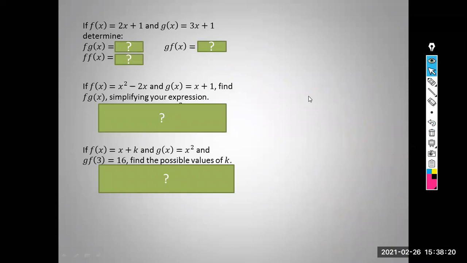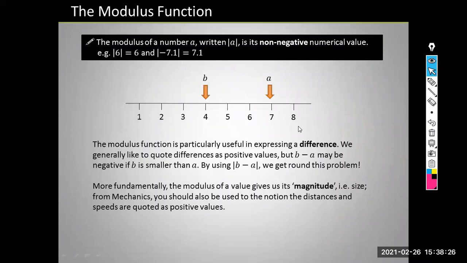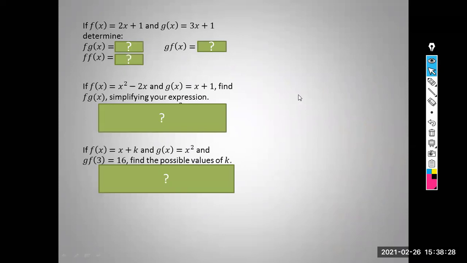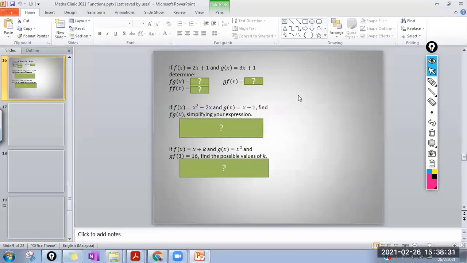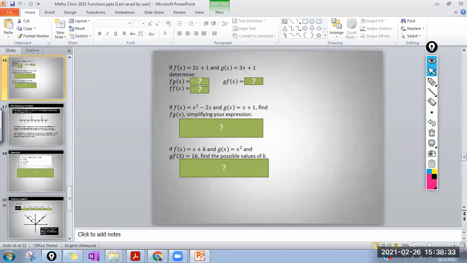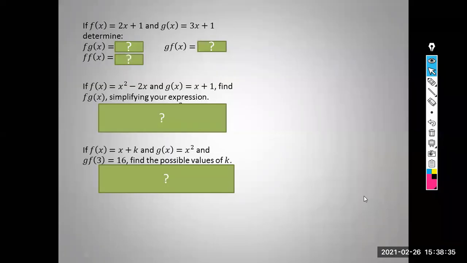Let's try this. Is it 6x plus 3? The first one. Gx substitute. I got 6x plus 4.